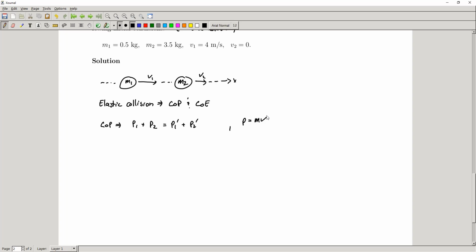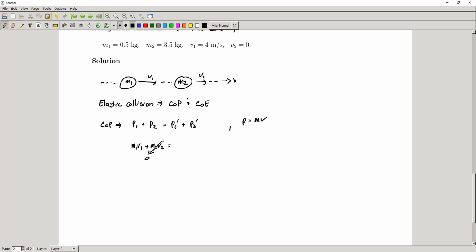So our momentum is just equal to our mass times whatever the velocity is at that time. So P1 is basically just m1 v1. P2 is just m2 v2. But we can right away get rid of this term because we see that v2 is 0, right? And so this term goes to 0.